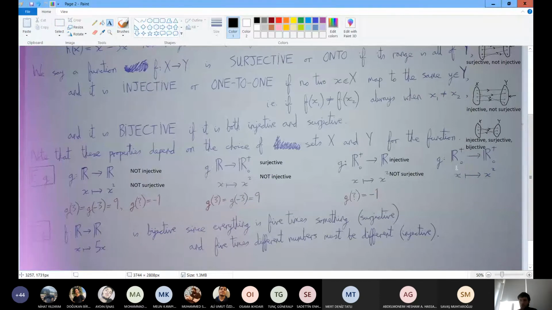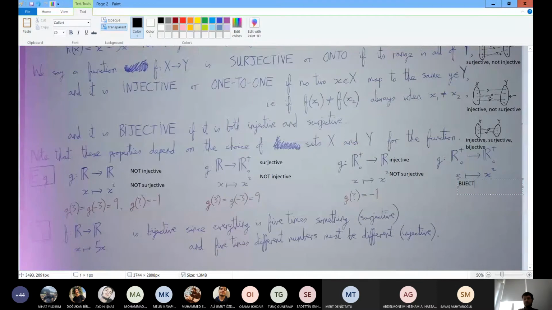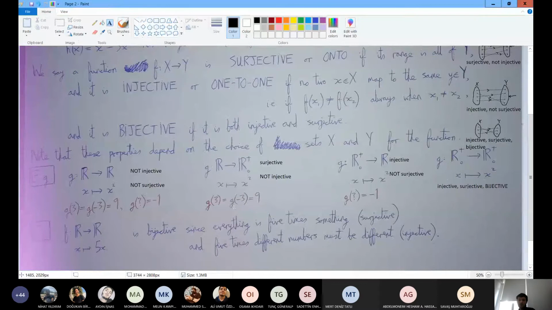And finally, when you go from r plus 0 to r plus 0, from positive or 0 reals into the positive or 0 reals, then that is completely bijective. It's injective and it's surjective, therefore it's bijective because you don't have this problem anymore.